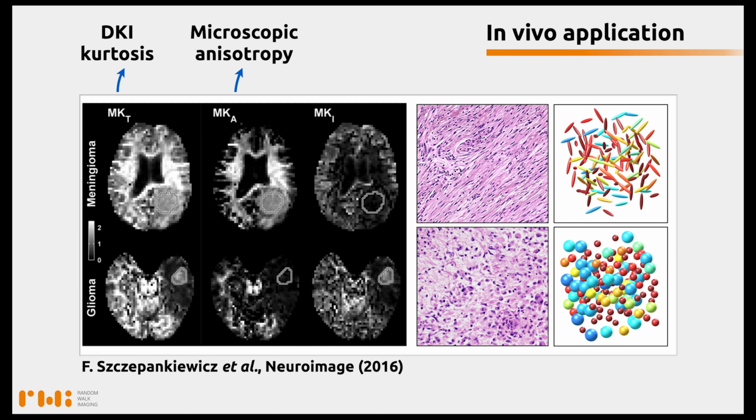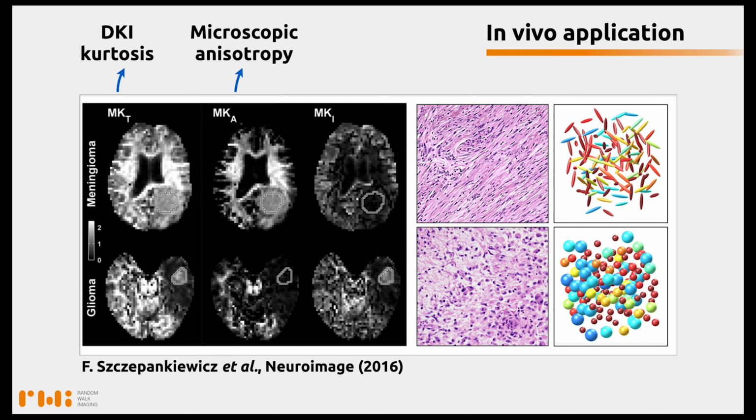And you see that it only lights up in the meningioma, but not in the glioma. The reason being that anisotropic cells are only existent in the meningioma. It's important to understand that microscopic anisotropy does not care whether or not anisotropic cells are aligned over the voxel scale. Microscopic anisotropy is very different from fractional anisotropy, which is confounded by this orientational effect.